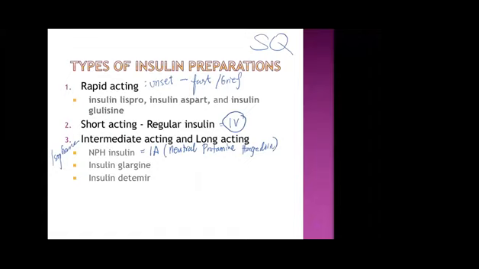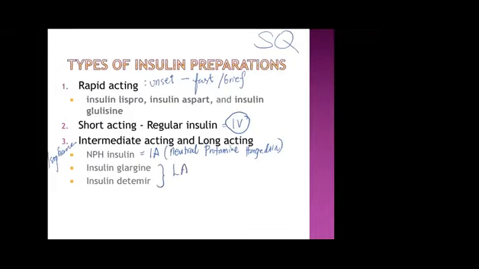And for insulin glargine and detemir, again, insulin glargine and detemir, these are the long-acting insulin preparations. Okay? Long-acting insulin preparations. So as per long-acting insulin preparations, they have delayed onset of action.